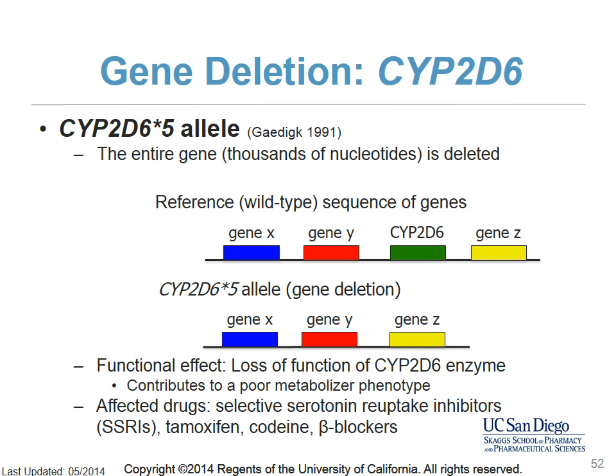The figure shows the CYP2D6 gene in green, positioned on a chromosome among 3 other genes. The variant allele completely lacks the CYP gene. This leads to a loss of CYP2D6 enzyme activity. Affected drugs are those that are metabolized by CYP2D6, including selective serotonin reuptake inhibitors, or SSRIs, tamoxifen, codeine, and beta blockers.